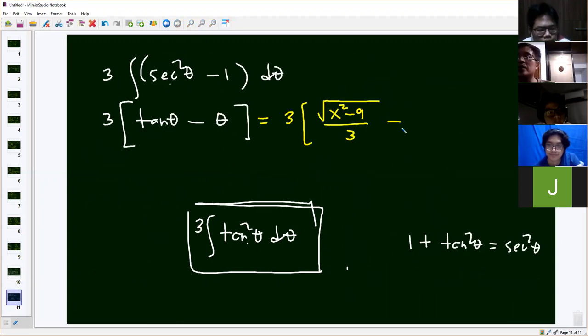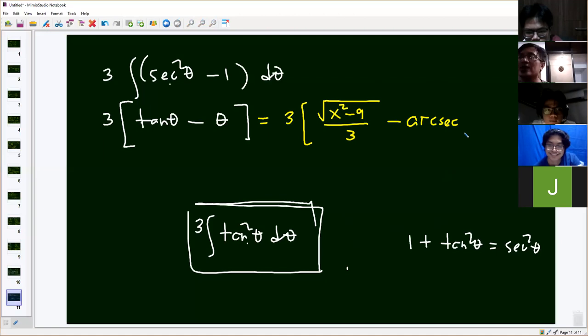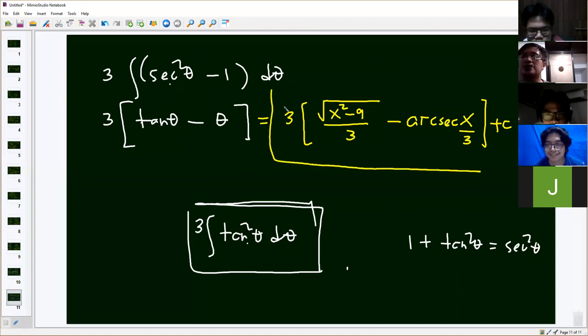So, piliin ko na lang yung huli, arc sec, para makaiba. Sanay na tayo sa arc cos, very basic. Arc sec x over 3. And then, close, plus C. Pwedeng i-distribute, pwedeng hindi. Sorry, Abs, hindi ko nakita. Hindi mo pala dinistribute. That's good. Yung iba naka-distribute. Okay, guys.